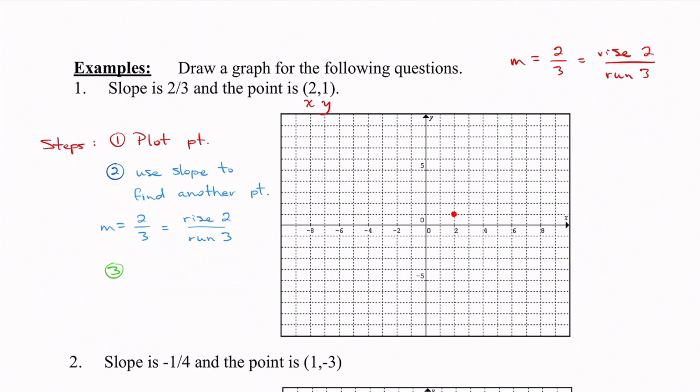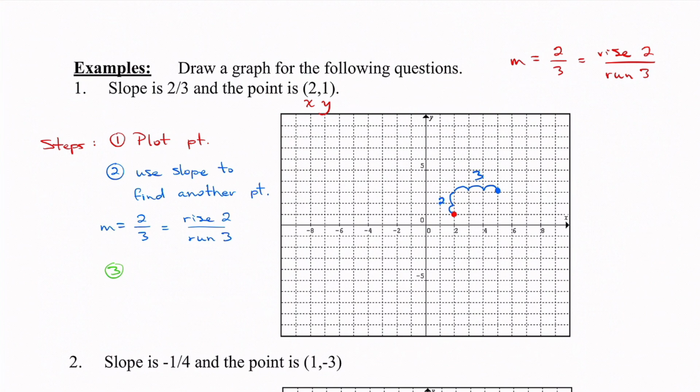In step 2, we use the slope to find another point. As we said, the slope was 2/3, so that meant we were going to rise 2 and then run 3. So I'm going to rise 2: 1, 2. There's a rise of 2. And then we're going to run 3: 1, 2, 3. And that is where we're going to plot our next point.